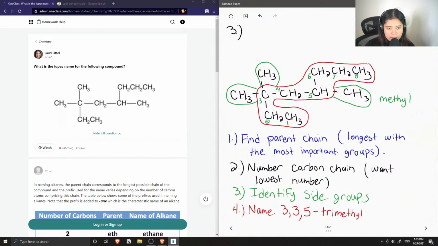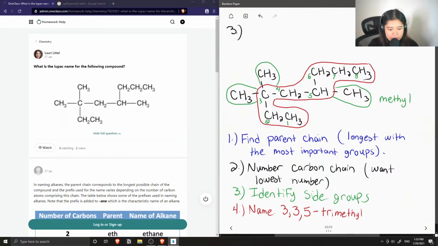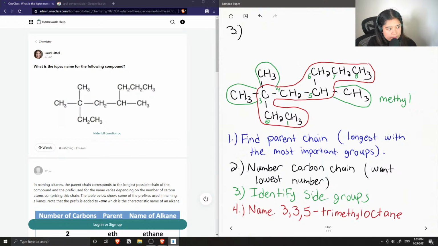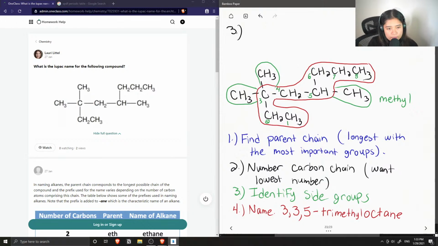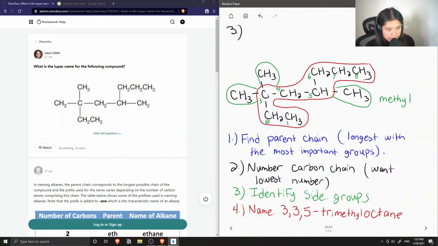And since our parent chain is 8 carbons long and it only comprises single bonds, I know that it is 3,3,5-trimethyl octane. So this is our final answer.